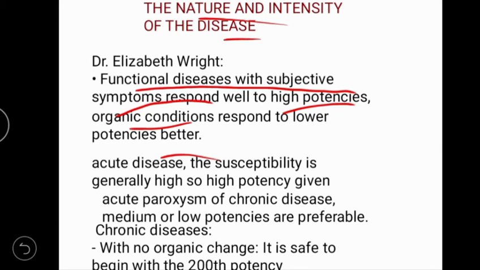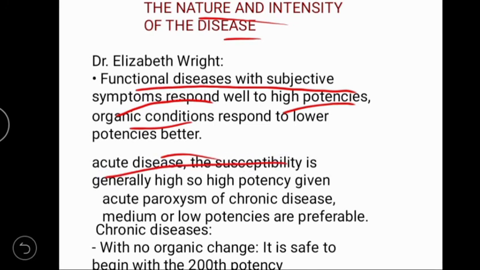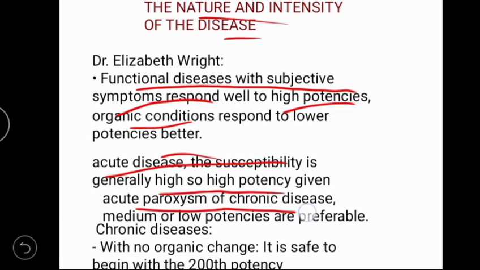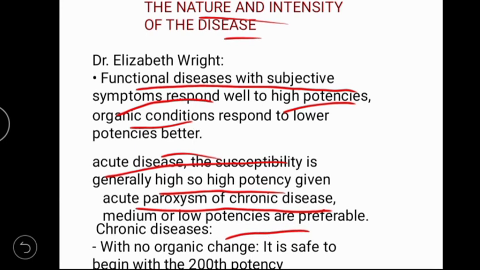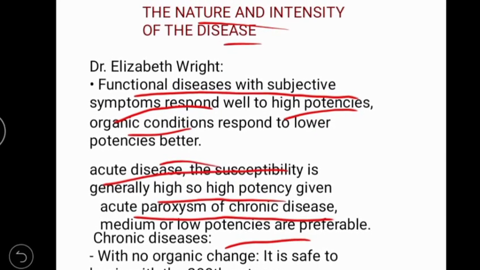If it is an organic condition, where we objectively see the symptom, then we use lower potency. In acute diseases, the susceptibility is high, so we give high potency. Sometimes in acute paroxysm of chronic diseases, we use lower potency.